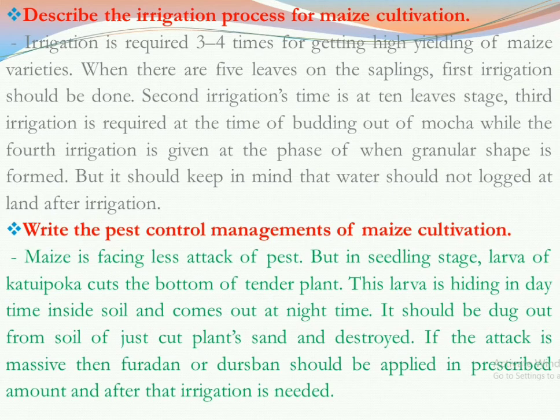That means if any maize plant or other plant is cut down, then we should dig out the soil, because if we keep the roots inside, then this Katuapuka will form or stay there. If the attack is massive, then Furadan or Dursban should be applied in the prescribed amount, and after that irrigation is needed, because the effect of chemicals shouldn't remain on the soil.